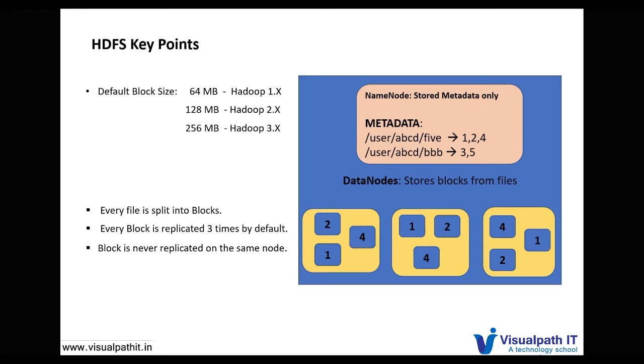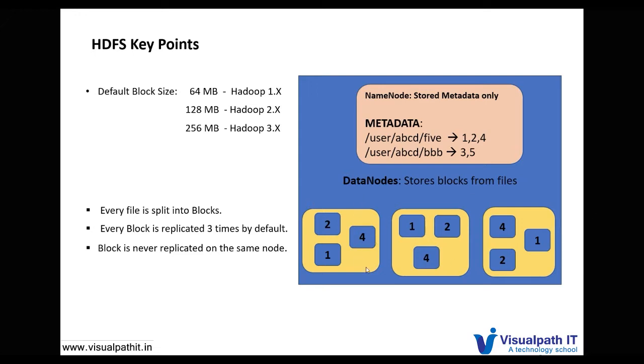A block is never replicated on the same node. For example, block 1's first copy and second copy will not be on the same data node; they are always on different data nodes. That is the important point. What is the reason?